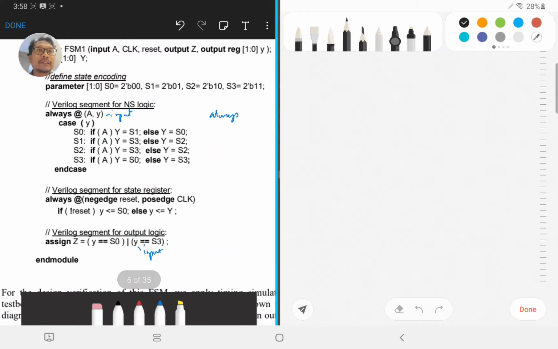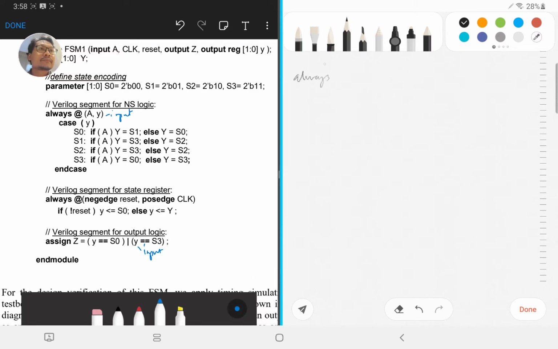Let's see if we can combine these two together: next state logic and output logic. So always @(*), small y, begin, case y.